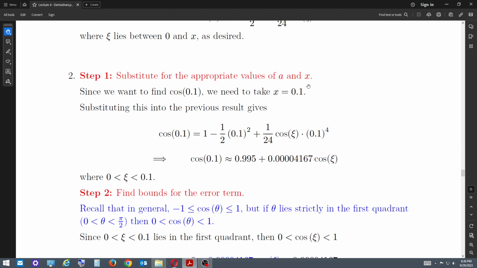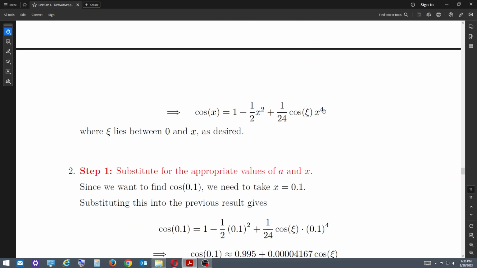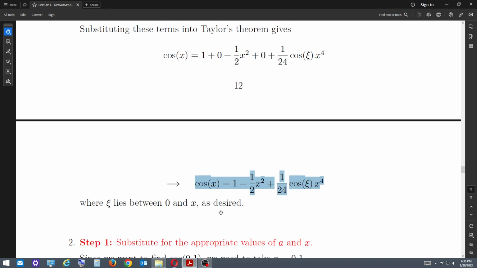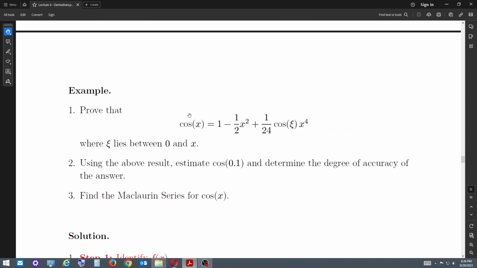So the first thing we need to do is take the equation that we had and substitute for x. Sometimes you have to determine what x is. So compare this. I have cos of x, and I want to find cos of 0.1. If I want to do that, then I need to let x be 0.1.